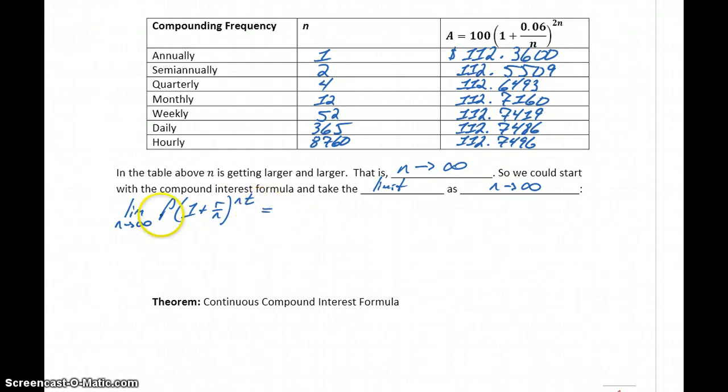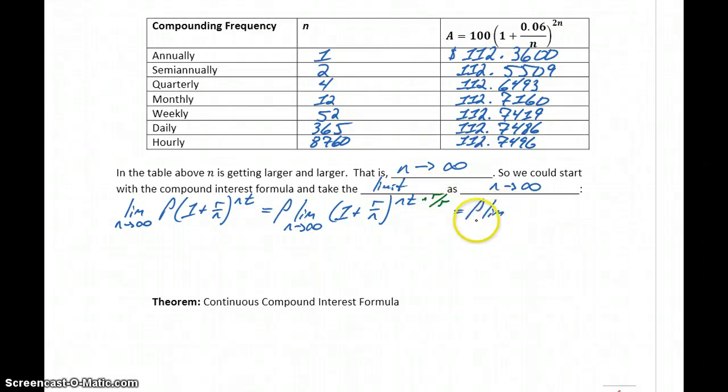With our properties of limits, P is just a constant multiple, so we can pull that P out in front of the limit. That'll become P times the limit as n goes to infinity of 1 plus r over n, to the nt. Now what we're going to do is multiply this exponent by r over r, which we can do because r over r is just 1, so we're not actually changing that exponent at all.